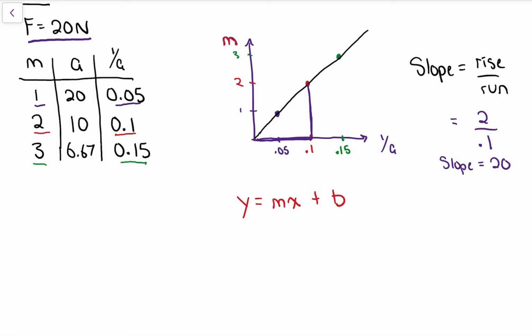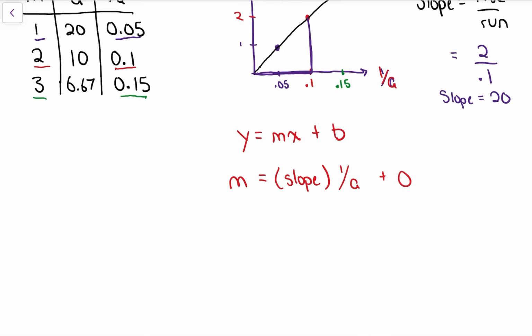So I'm going to put the letter m for mass to replace the y, because that's what we graphed. There's too many m's, so instead of writing mx, I'm going to write the word slope, just so I don't get my m's confused. And then on the x-axis, we had 1 over a. So instead of x, I can replace x with 1 over a. And in this particular one, it went through the origin, so my b value is 0.